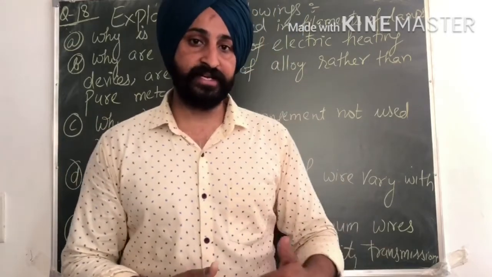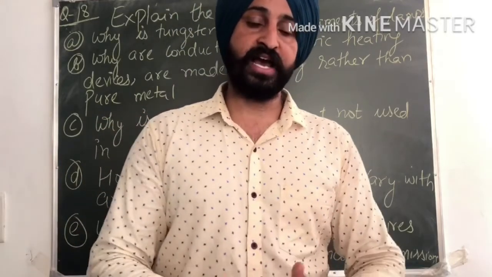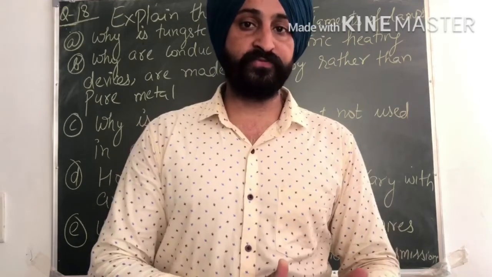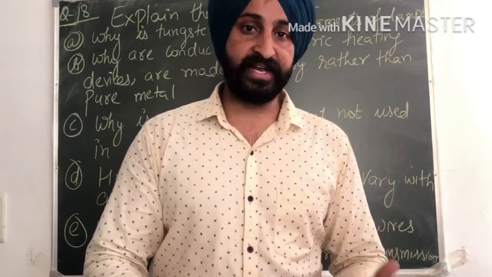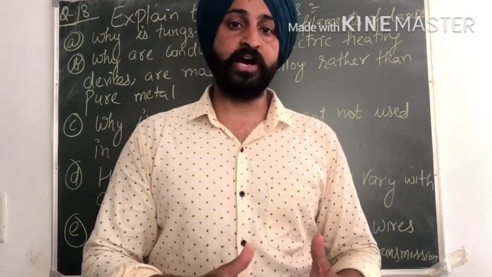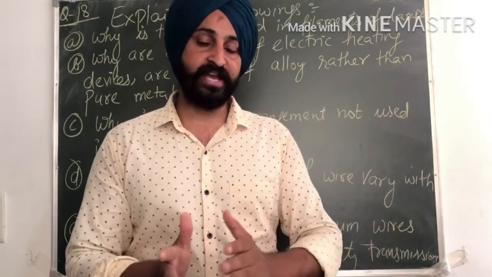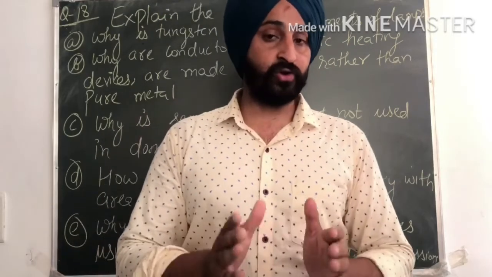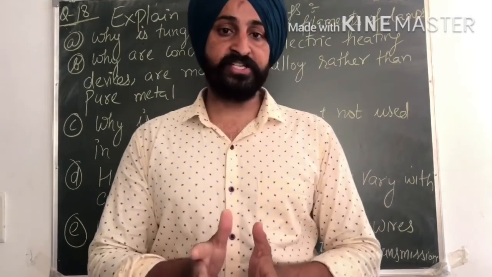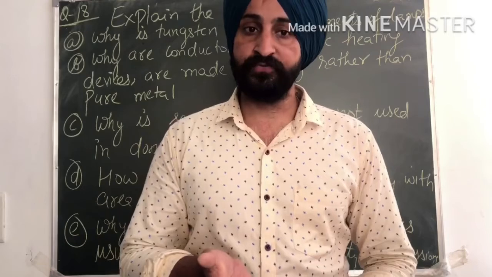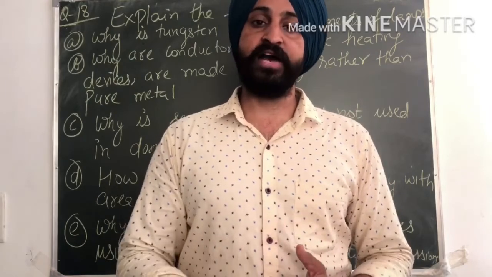They have to produce a large amount of heat without breaking or melting themselves. So alloys, as we have already discussed in the first part, are materials which have high resistivity so that they can produce a large amount of heat, and at the same time they have high melting point.